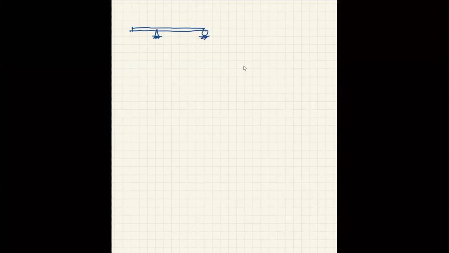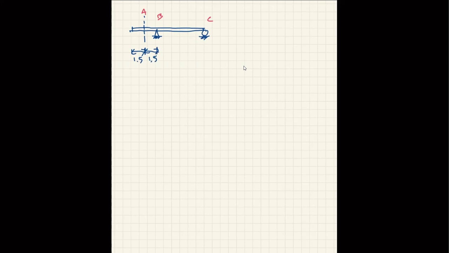And we have a point A right in the middle of this. This is point A, this is B, and this is C. This is 1.5 meters. This is another 1.5 meters.